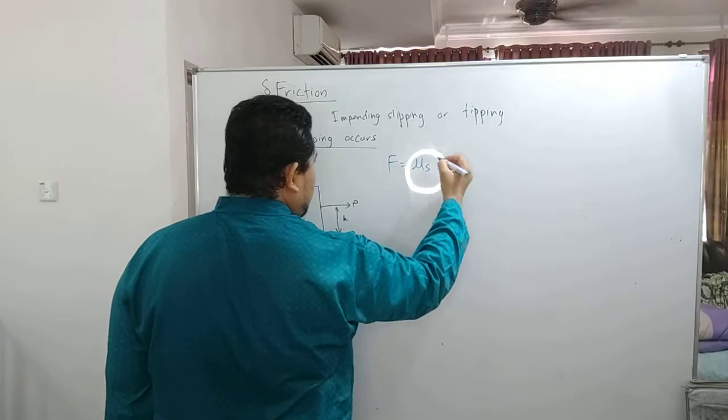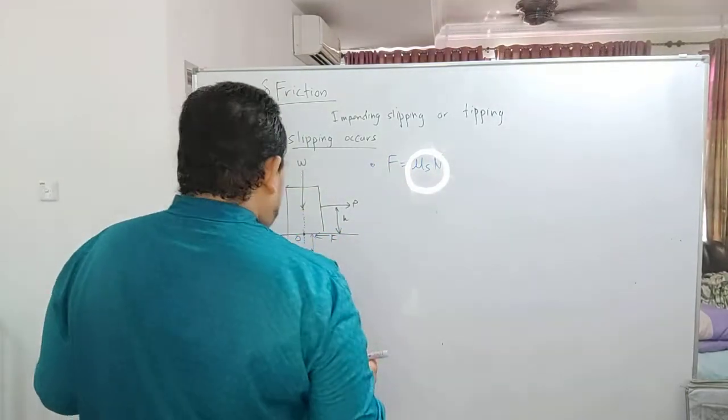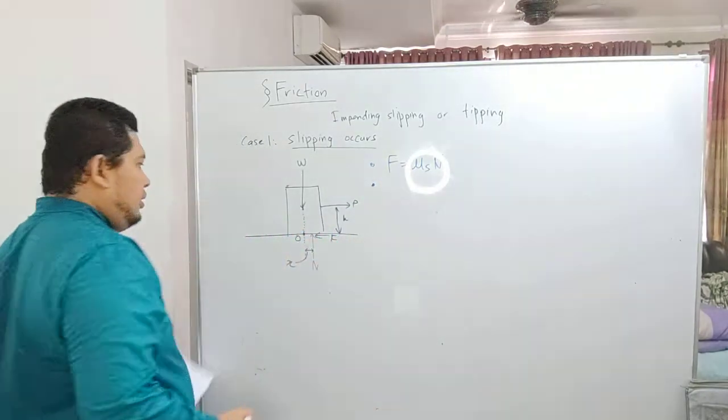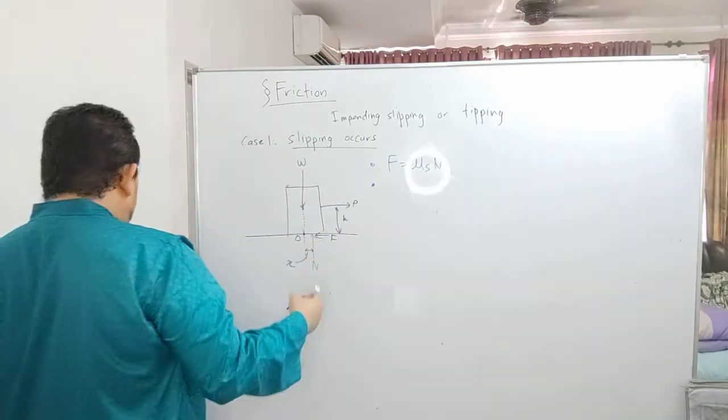Now, if slipping occurs, that means you must use the friction force equation. F is equivalent to mu s times N, and then you need to solve for x over here, and all the values over here.